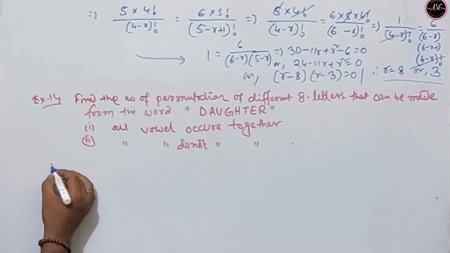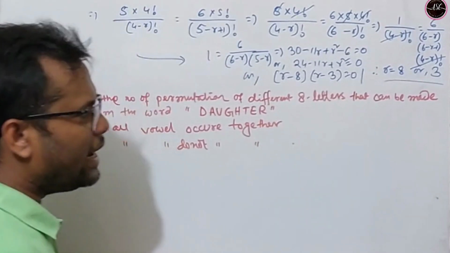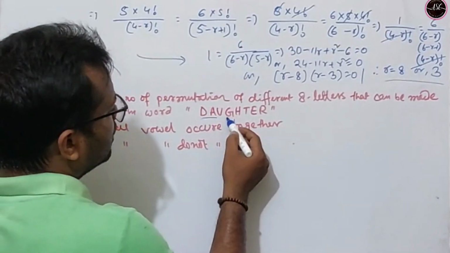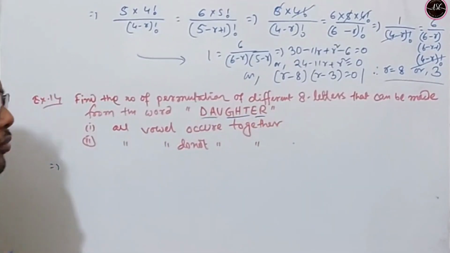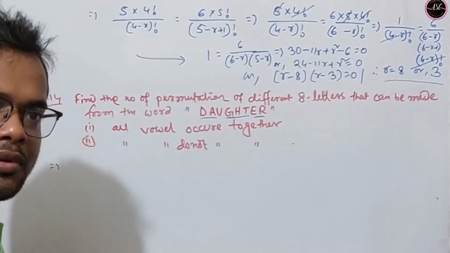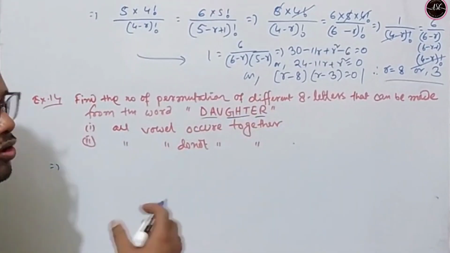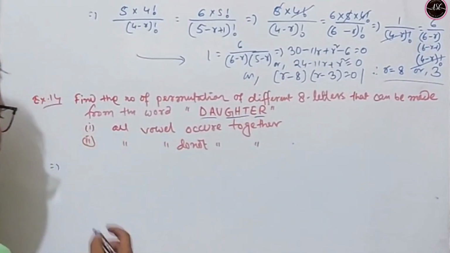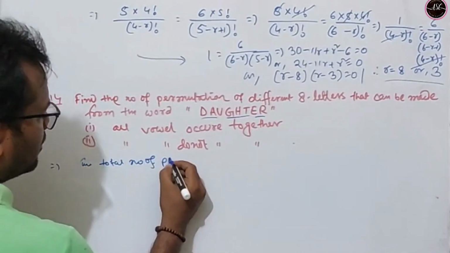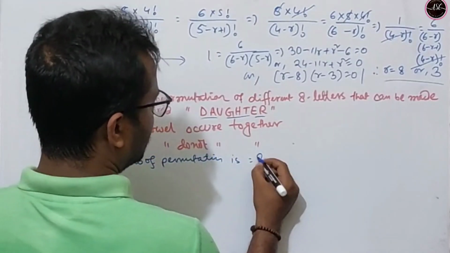Now look at this question. Find the number of permutations of 8 different letters that can be made from the word daughter. If there is no condition, the permutation of these 8 letters is 8 factorial.